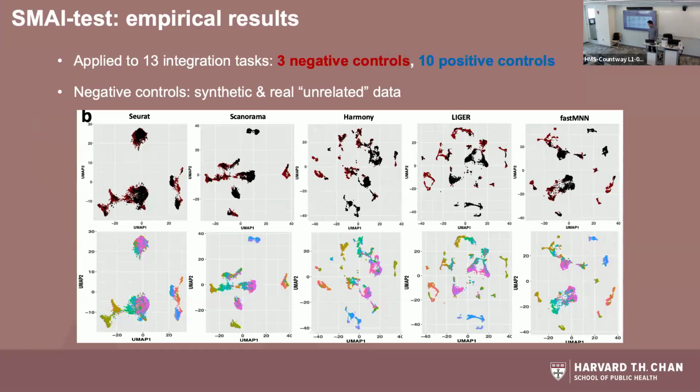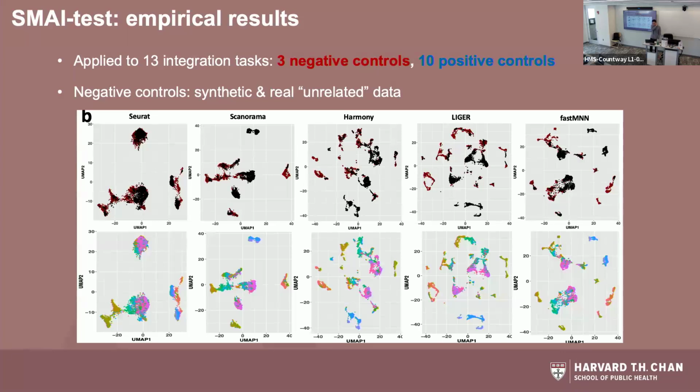Yeah, so we actually tested our proposed statistical test on a series of integration tasks. We considered 3 negative controls, where we have clear knowledge that these 3 pairs of data sets are not alignable at all.